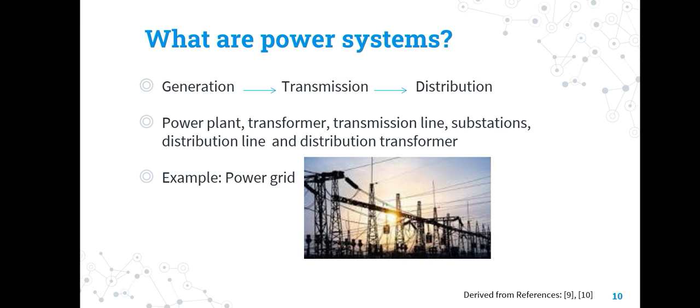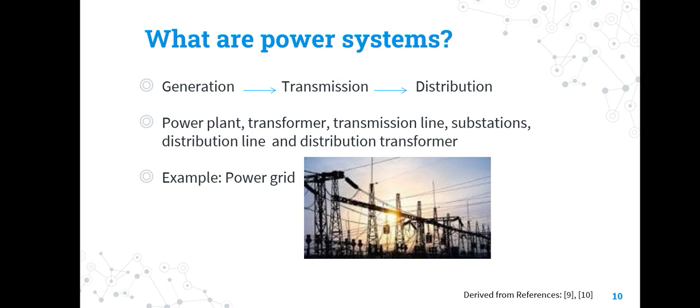In the second point, we can see some of the main components used in power systems for achieving the processes mentioned above. A power plant is used for generation of electricity, a transformer is used for stepping up or stepping down voltages, and a transmission line is obviously used for transmission.